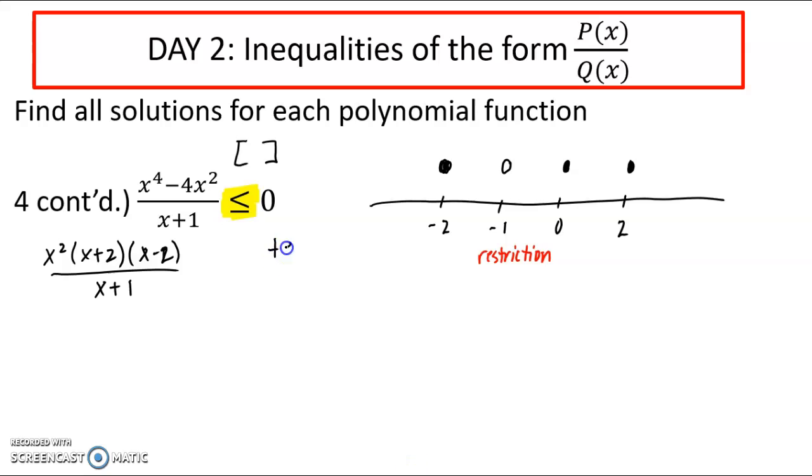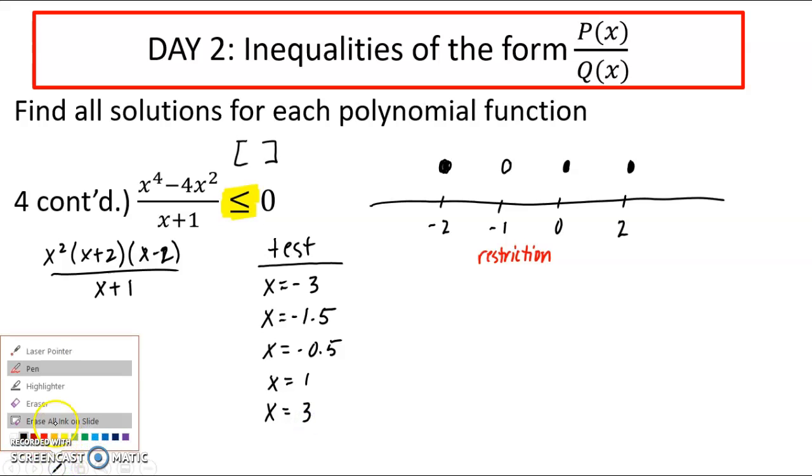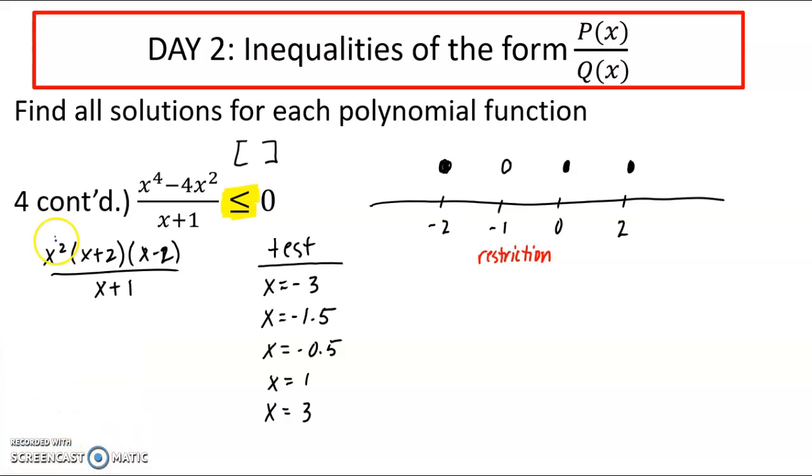So I'm gonna pick negative 3, negative 1/2, negative half, positive 1, and positive 3. Okay, so when I plug these in, I'm going to be plugging those values into 4 factors to determine if the final output is positive or negative.